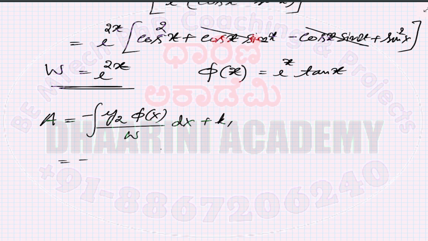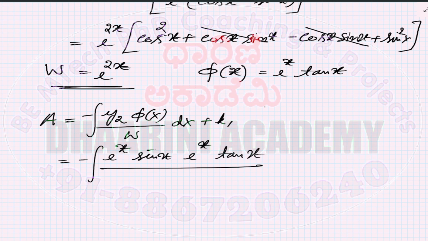So that is equal to minus integral of, y2 is e to the x sin x into, I need phi of x, that is e to the x tan x, whole divided by the w, which is nothing but e to the 2x. Now you can see that these will get cancelled, dx plus k1.